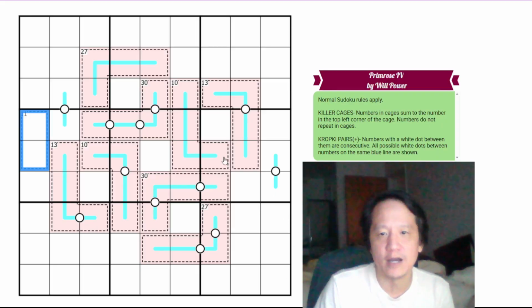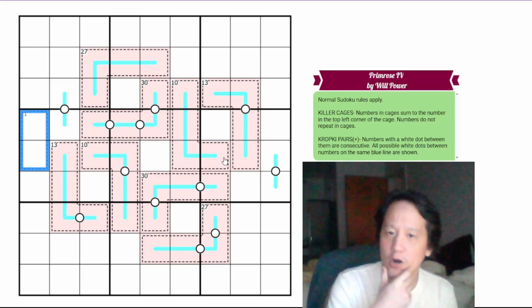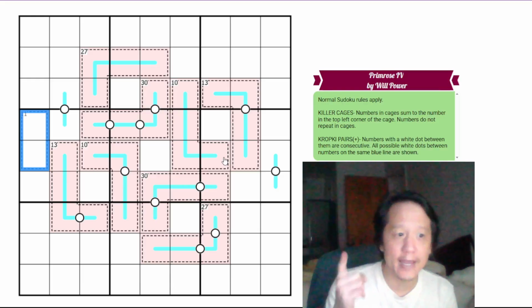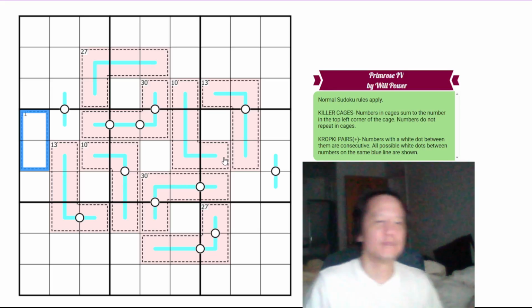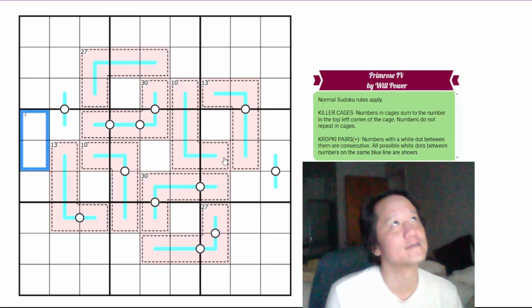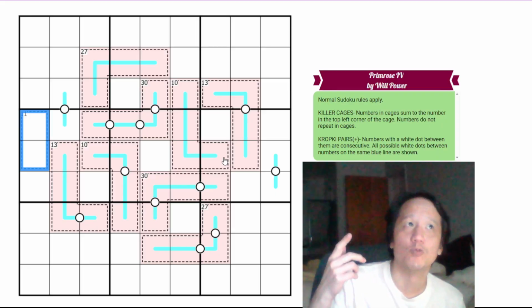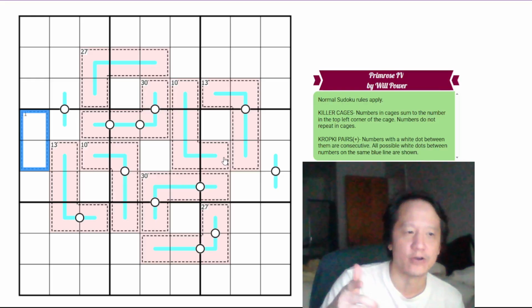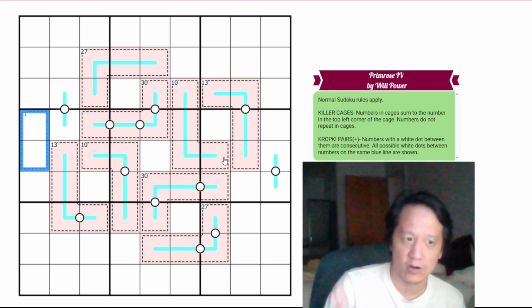We also have cropkey pairs, where numbers with a white dot between them are consecutive. And, okay, this is a negative constraint in a sense. A negative constraint means that you are limited in what you can place in certain areas because of what is not there.